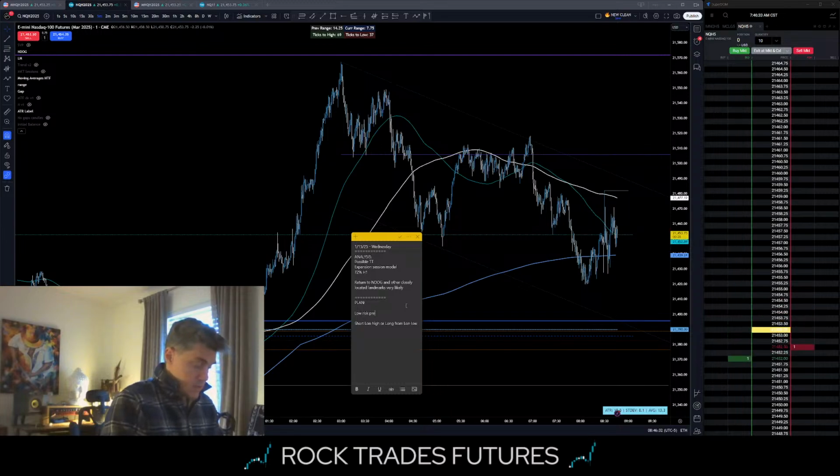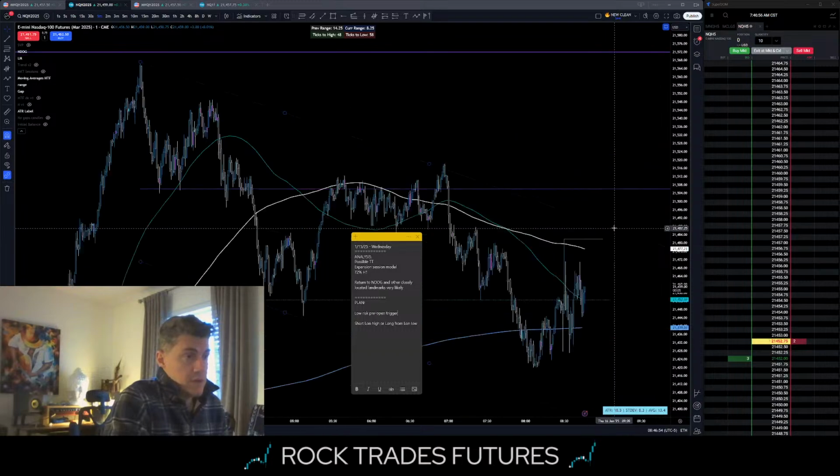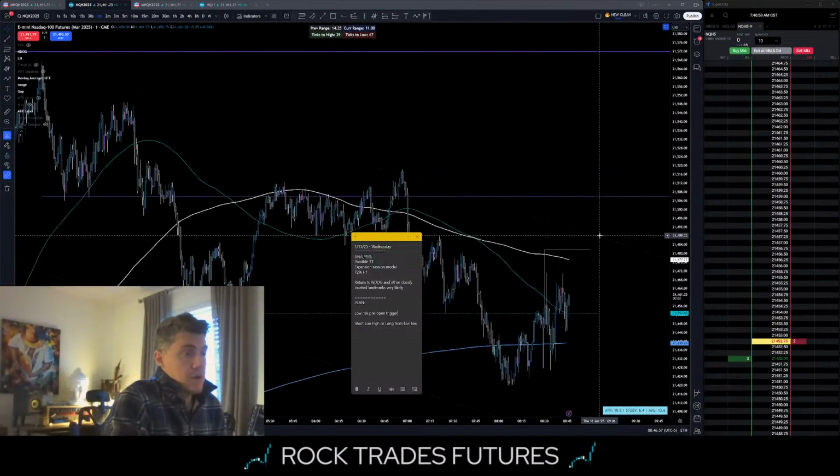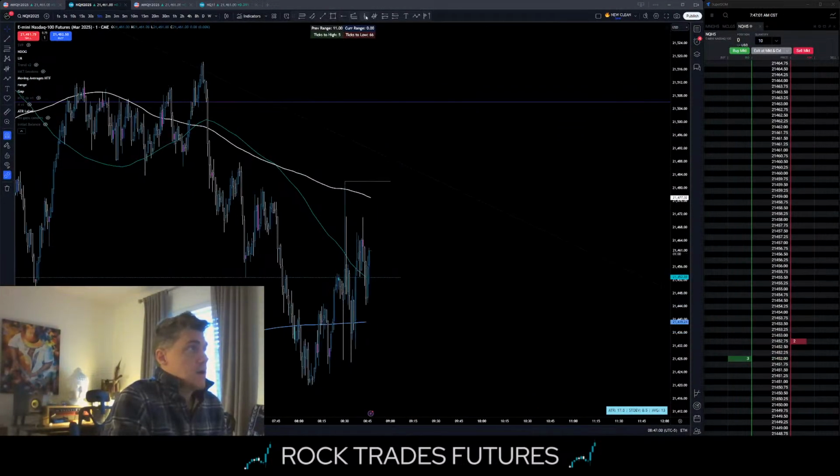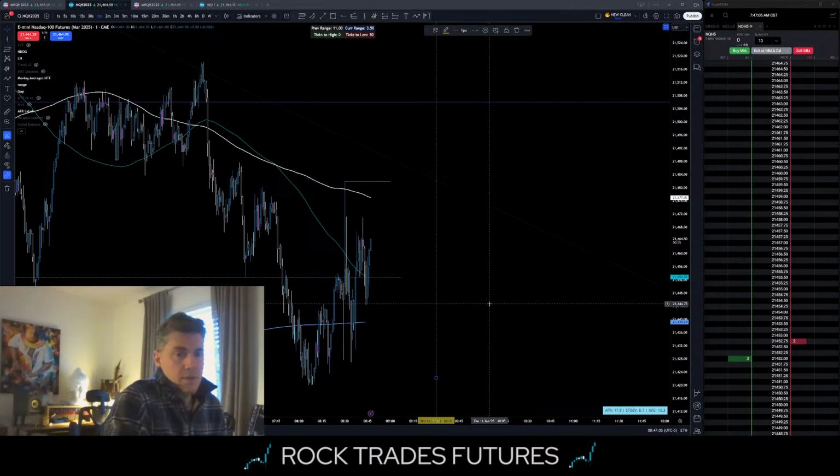Low risk pre-market, I'm going to say low risk pre-open trigger. Because if I get a trigger to go in one direction that looks really clean just before market opens, you are in position to make easy money. The risk is highly asymmetrical.